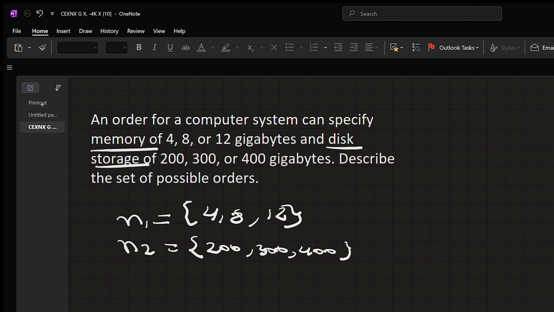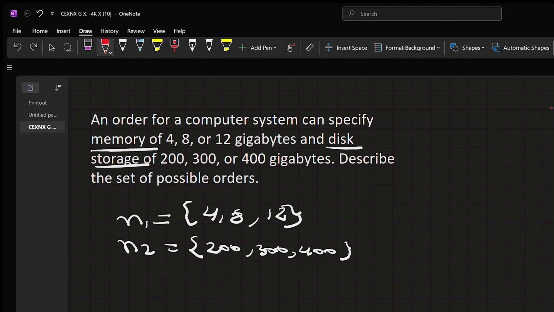In order to get all the possible orders between n1 and n2, we're going to use the multiplication rule. How many elements does n1 have? n1, the cardinality, is 3. How about with n2? How many elements does n2 contain? So the cardinality of n2 is 3. What does the rule say?